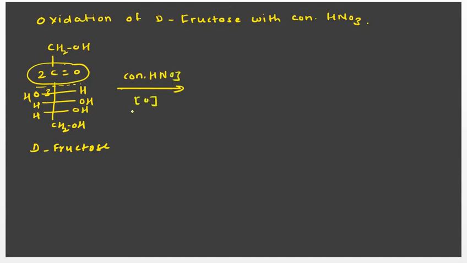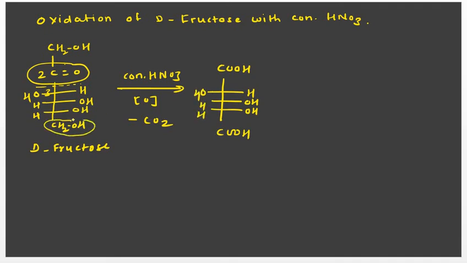So we can say oxidation, and there is a loss of CO2, and we get the product like this: COOH, in between there are 3 carbons, so OH, OH, H, OH, H and H. So this terminal CH2OH group is oxidized to COOH group, and this COOH group is again oxidized to COOH group. So the name of this compound is glutaric acid, remember.